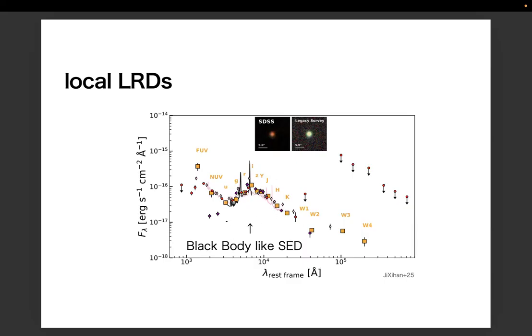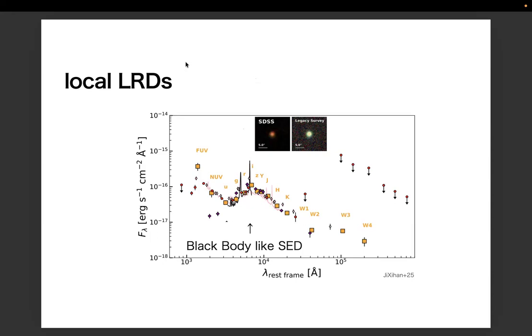It has a blackbody shape, which means the blackbody temperatures are around 4,000 kelvin or higher, which is higher than the dust sublimation temperature. So people are kind of convinced by these objects that little red dots have a different physical origin.